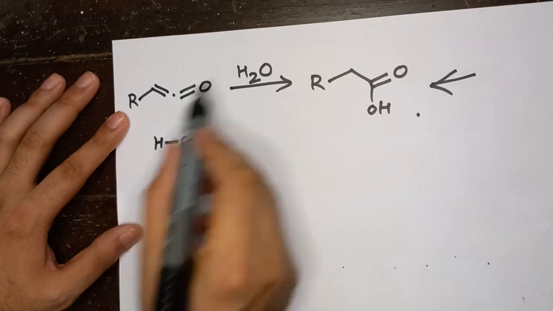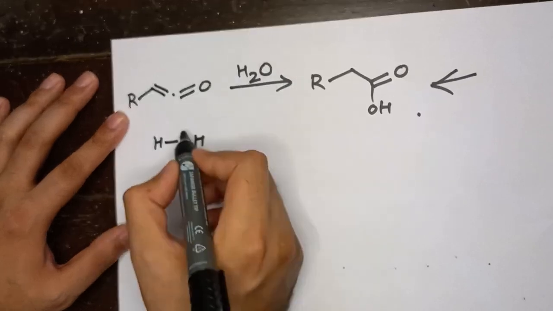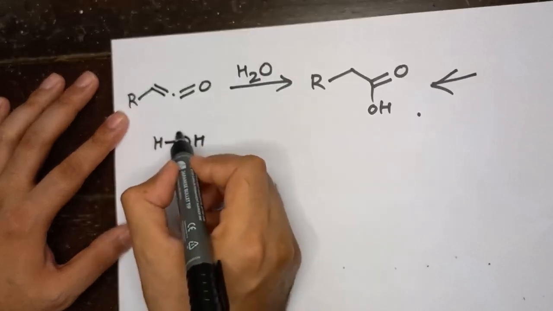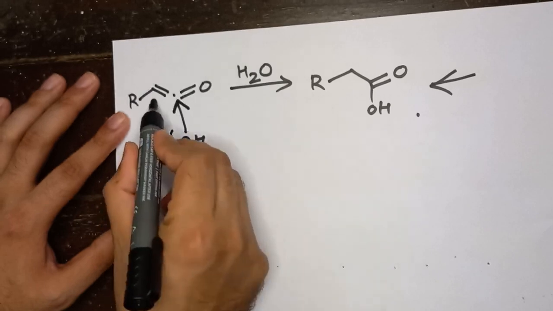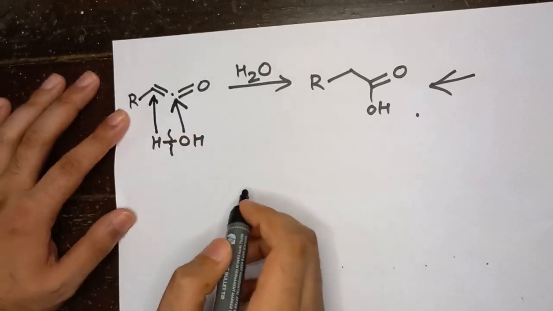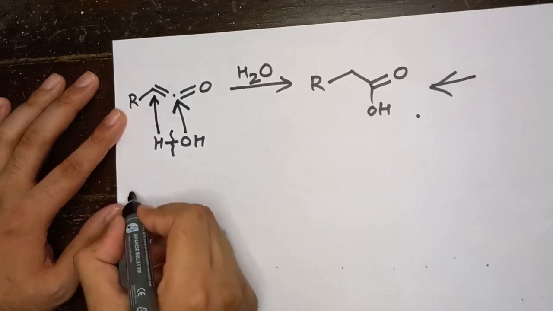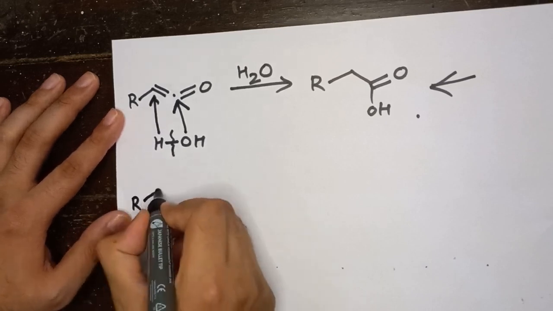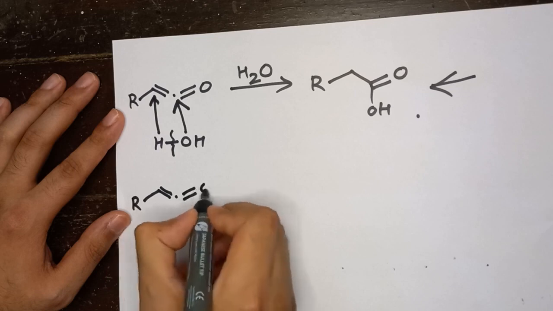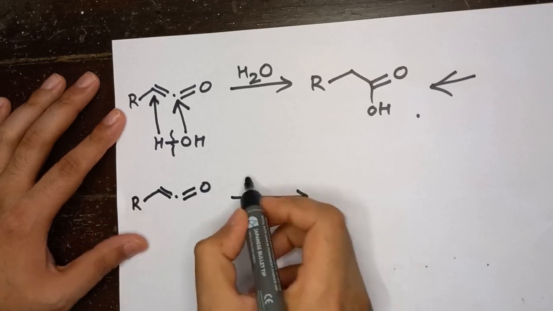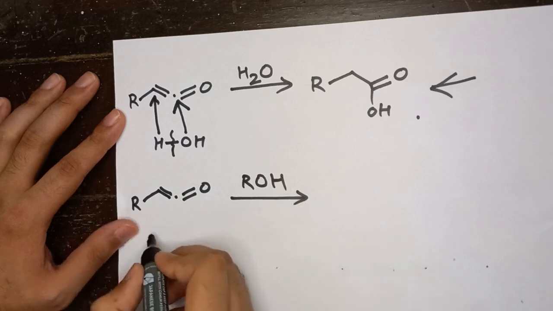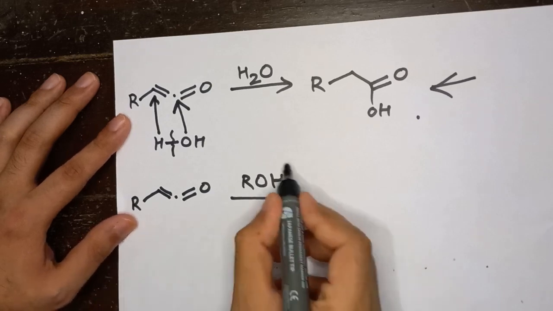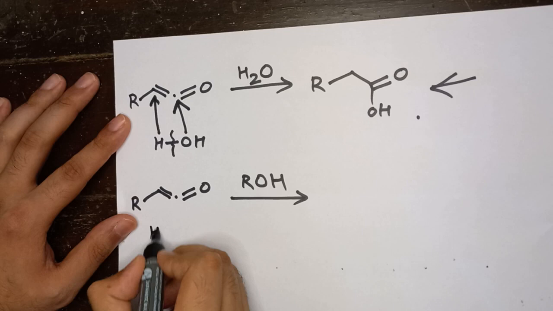you need to write your solvent in this fashion and add one of the parts at this center and one of the parts at this center. Let me explain by giving one example. So for example, if I have ketene and I'm adding any, let's say, any alcohol, I'm going to write my alcohol in this fashion.